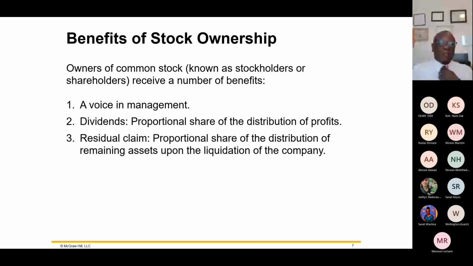They rank higher than the stockholders themselves. So for stockholders, they enjoy the benefit of owning a proportional share of the company, depending on how much they contribute to the existence of the company.